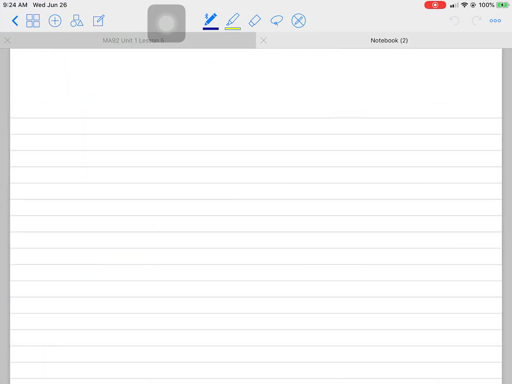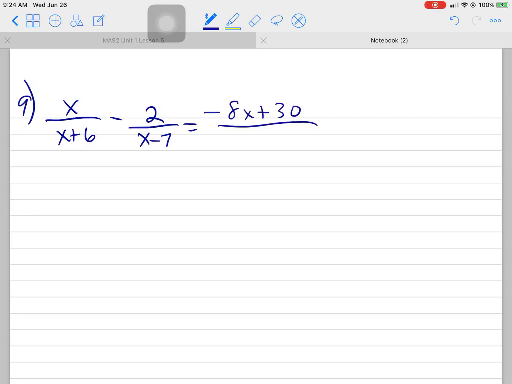There we go. All right, so number 9. All right, this one is probably these two factored. Let me check. x squared minus x minus 42.